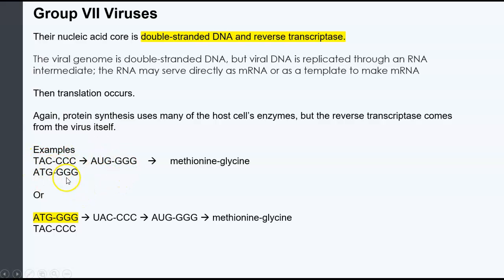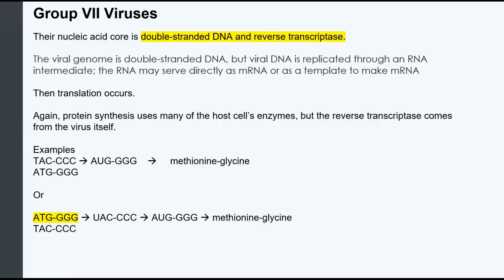The DNA is replicated using an RNA. And then here you've got DNA replicates into an RNA intermediate. That would be this one. And then this is your messenger RNA, which is complementary to the RNA intermediate. So you've got double-stranded DNA, RNA intermediate, messenger RNA, and then your amino acids.